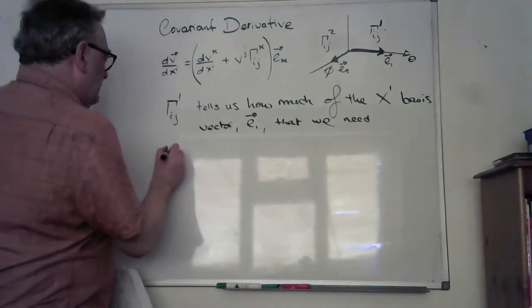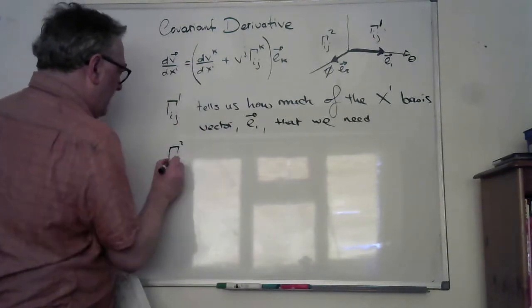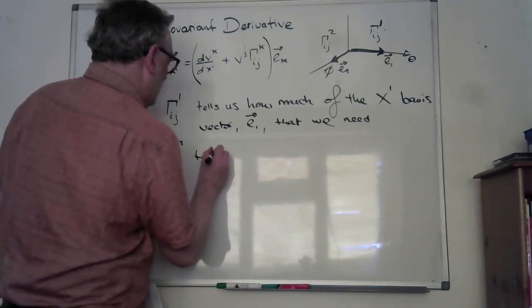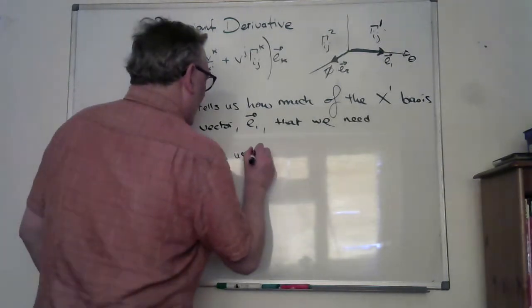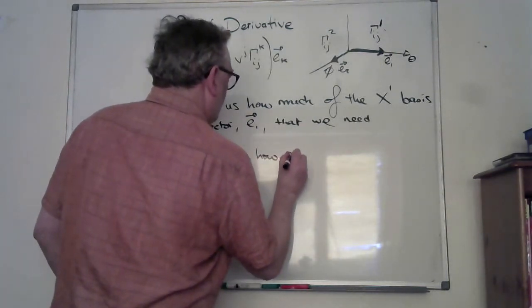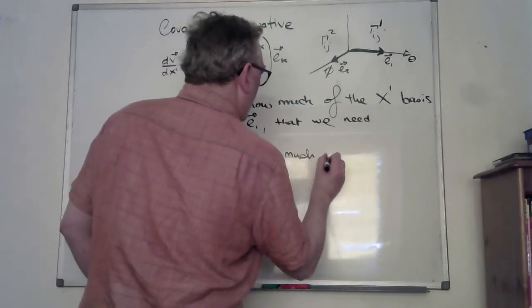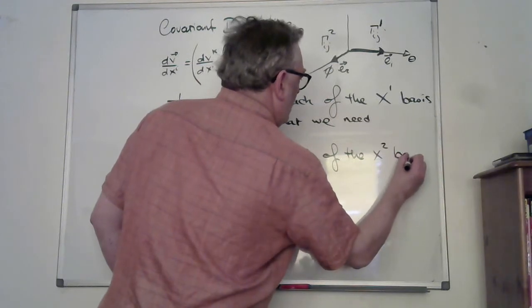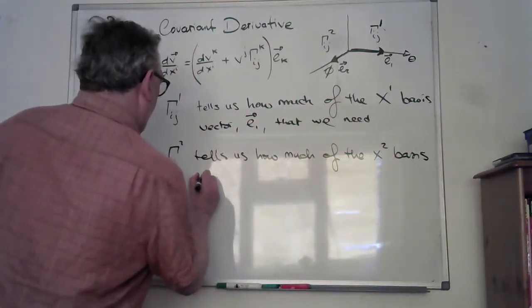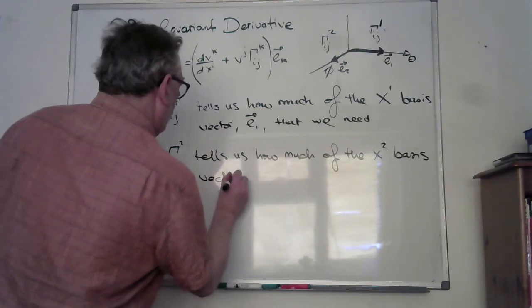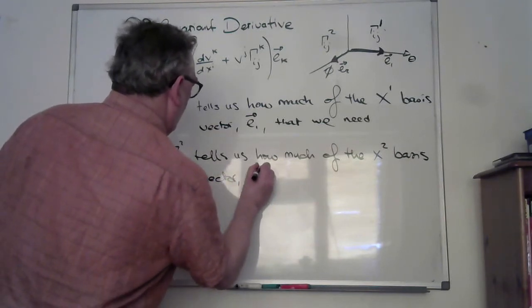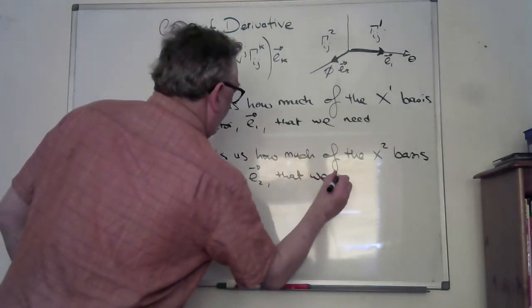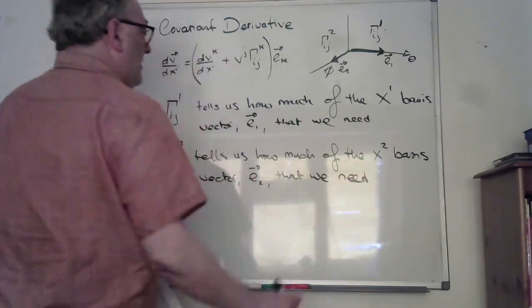So gamma 2, just like the one above, tells us how much of the x2 basis vector, this time E2, that we need. Okay?